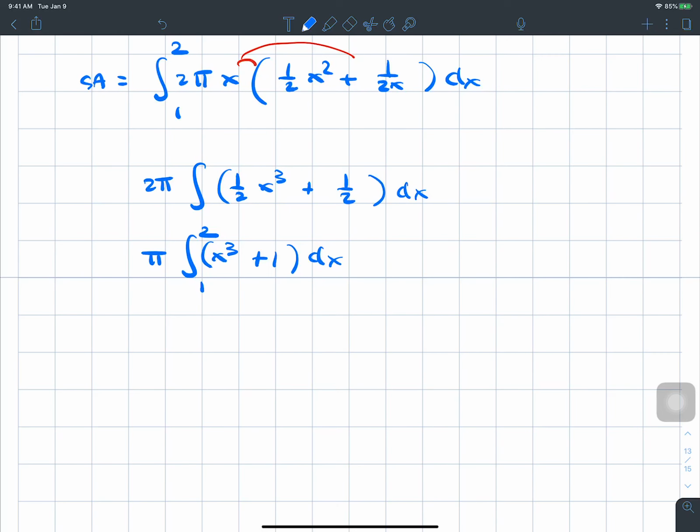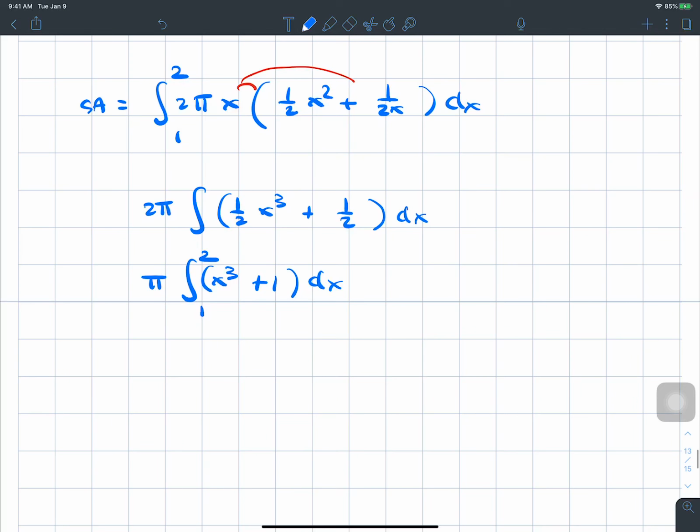So I'm just going to double check my algebra here to make sure that I'm okay. Is that x cubed or x squared? That's x cubed, right? So let's just double check everything's fine here. Yeah. No, this is just an x, looks like.